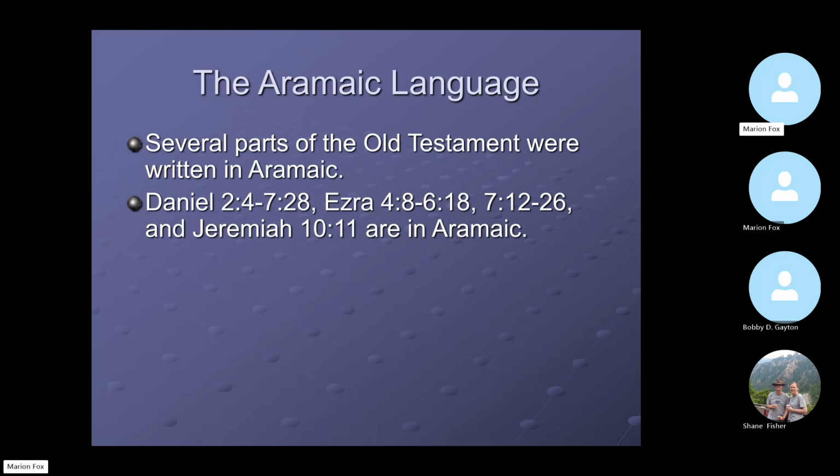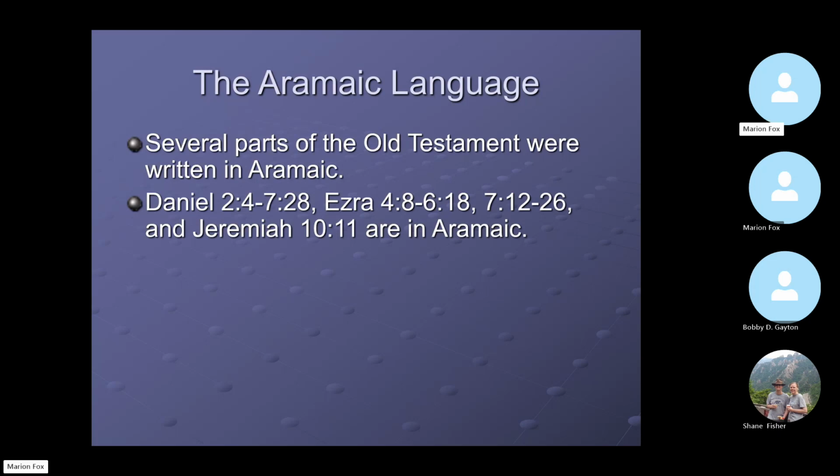Ezra 4:8 through 6:18 is written in Aramaic. And Ezra 7:12 through 26 is in Aramaic. Again, if you're just looking at the text, and you don't know the difference between the languages because they have the same alphabet, you wouldn't see any difference probably.